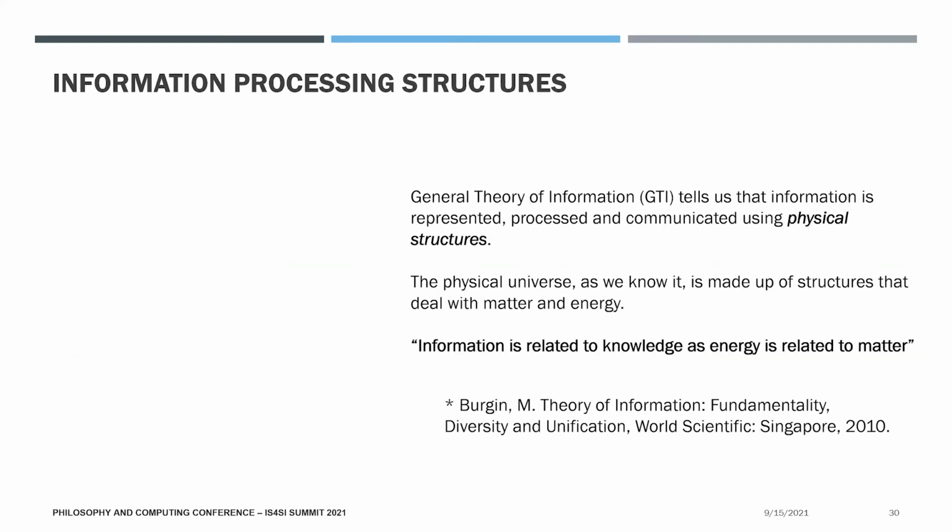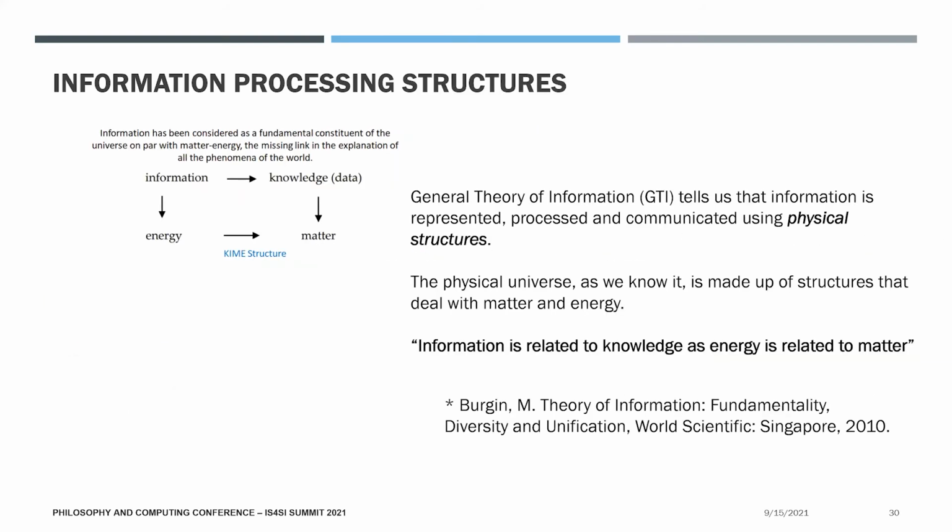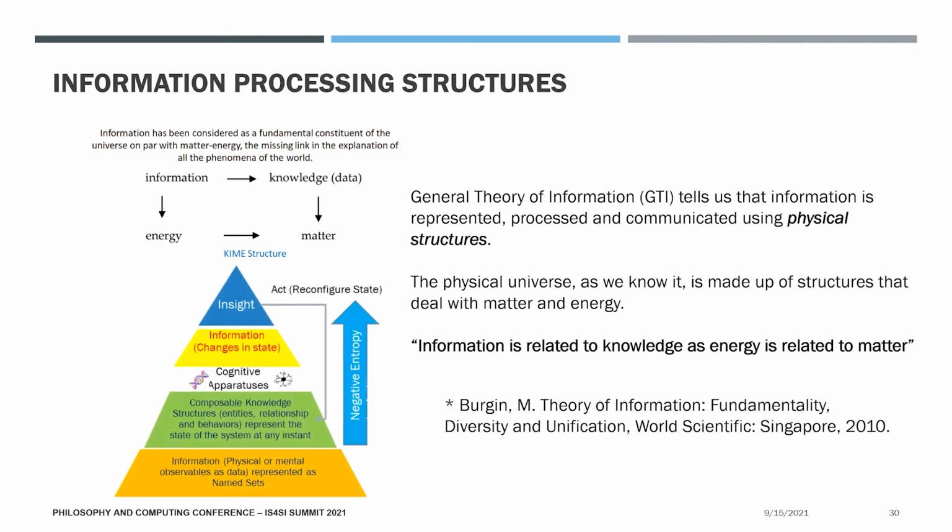In order to get information, you need a physical structure to process it. So the general theory of information tells us that information is represented, processed, and communicated using physical structures. The physical universe as we know it is made up of structures that deal with matter and energy. Information is related to knowledge as energy is related to matter. This is the general theory of information.